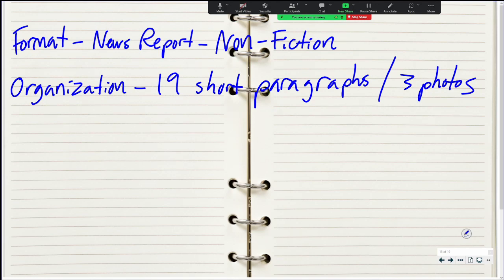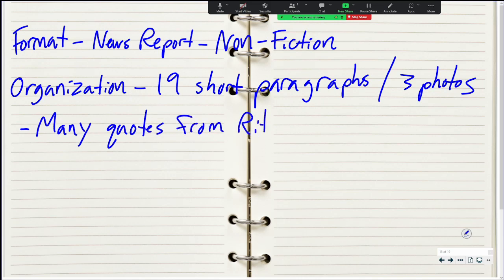What else can we say about it? You've got your main characters. I would just make some notes. There are many quotes from Rita Fenton.